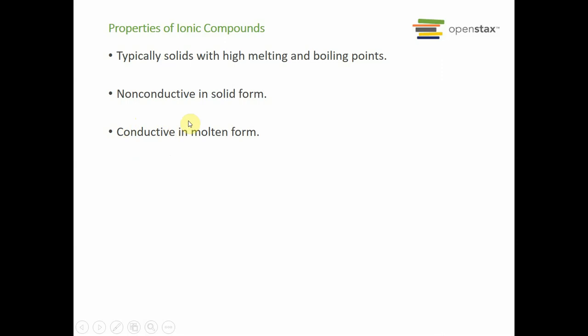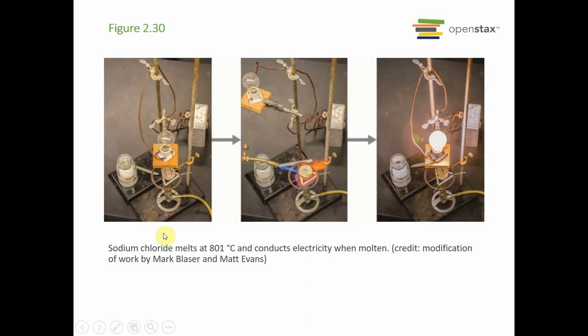Because these are not electrically conductive in the sense of a wire, a metal, but that you can move the ions around either with an alternating current or by doing chemistry at the electrodes. But that's what it means here. Conductive in the molten form, meaning that it's composed of ions and you can move them around with alternating current. Sodium chloride melts at 801 degrees Celsius and conducts electricity, alternating current, when molten.